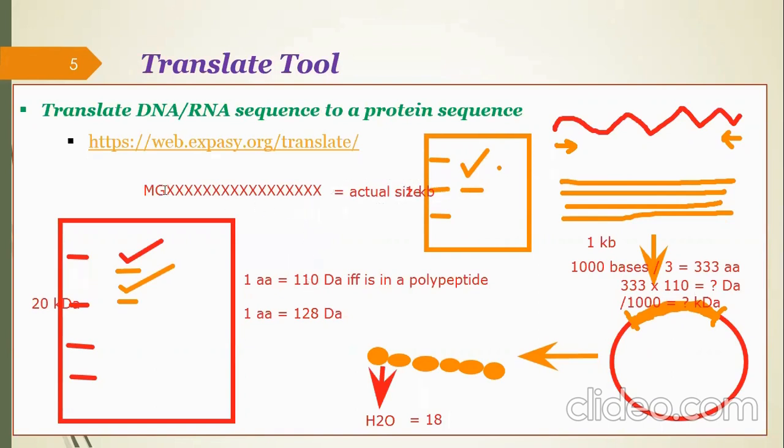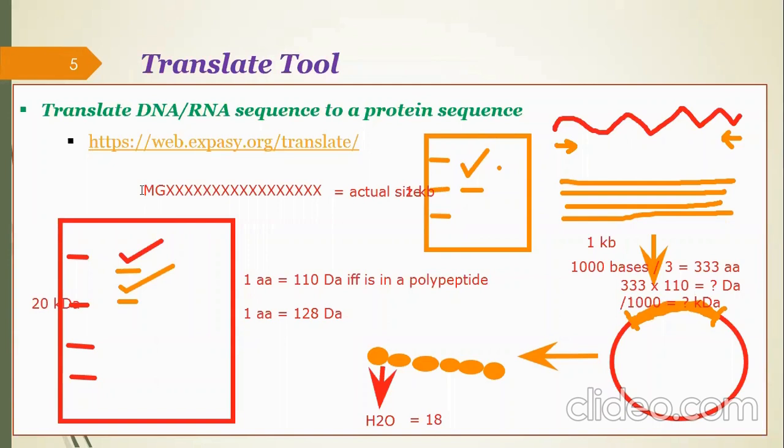The reason behind this is that different amino acids have different sizes. This 128 Dalton means the actual size of all 20 amino acids has been taken and divided by 20 to get an average size of an amino acid, and that is 128. But in a sequence there may be stretches of the same amino acids, like glycine, which is a small amino acid.